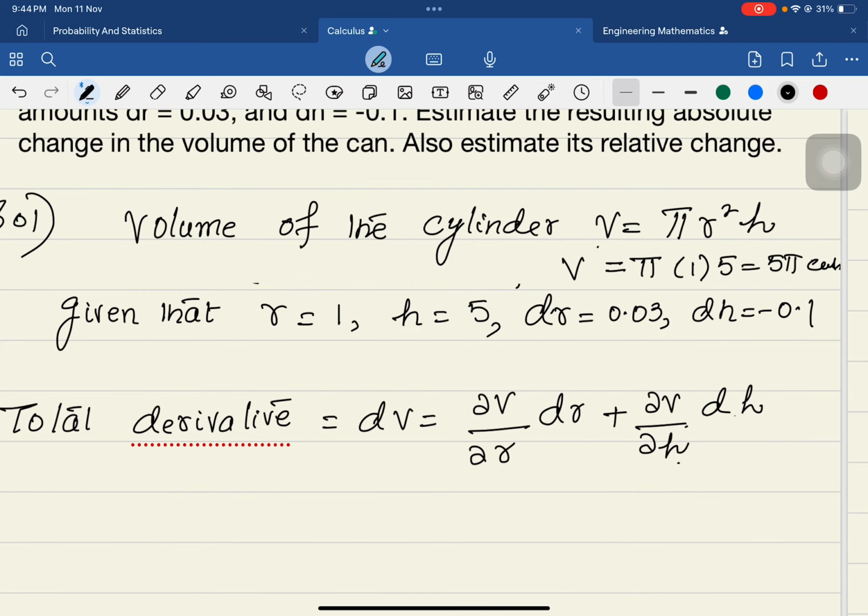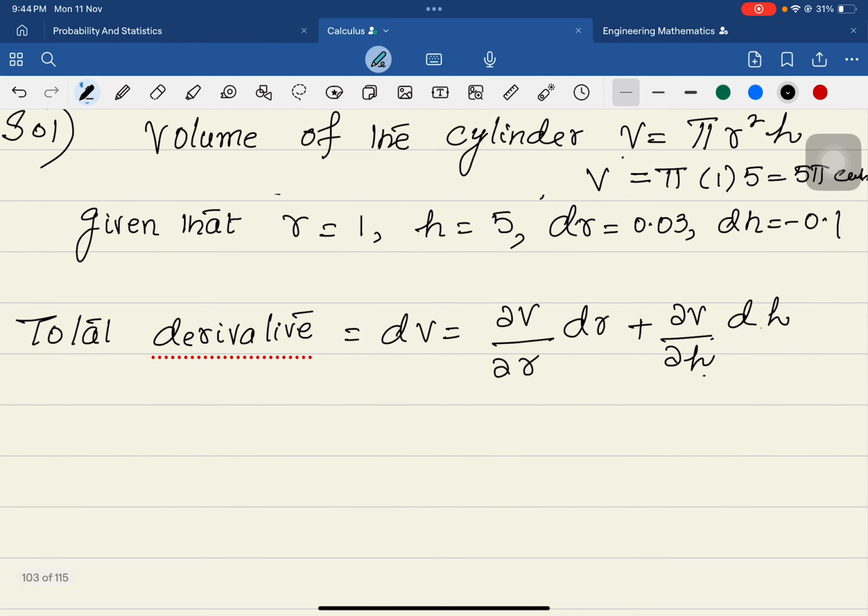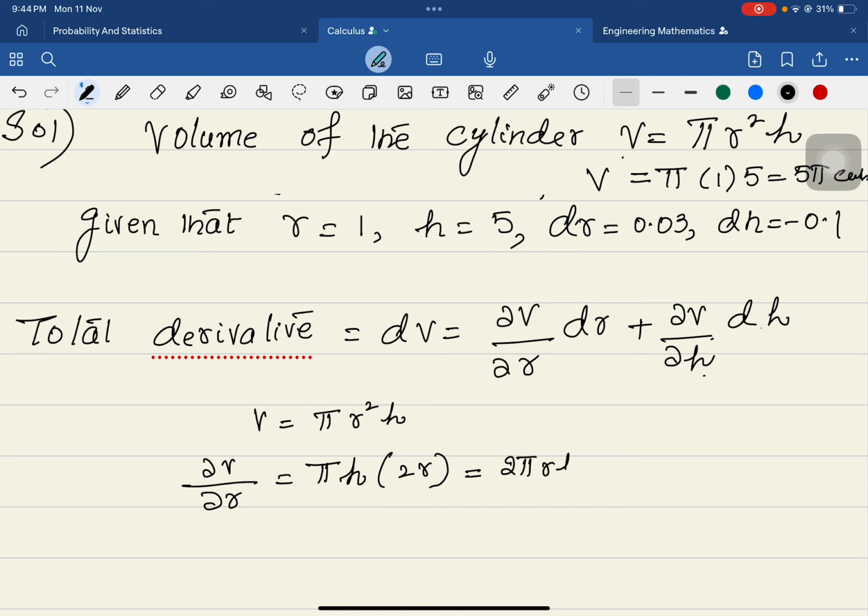So let us now find out all this. Dou V by dou r: V is pi r square h, and differentiating V with respect to r, the constants we drop down as they are, pi h into the derivative of r square, which is 2r. So that is 2 pi r h.